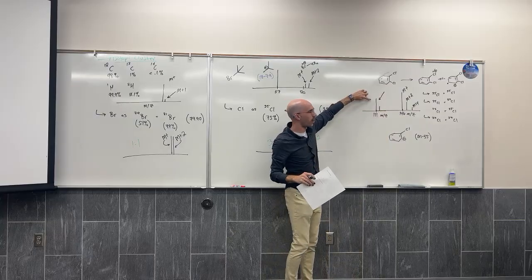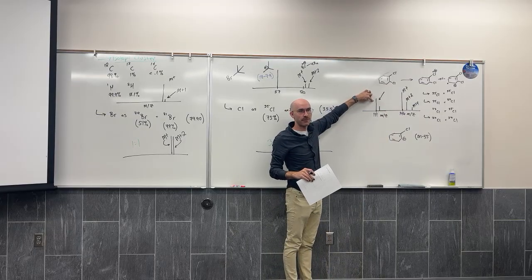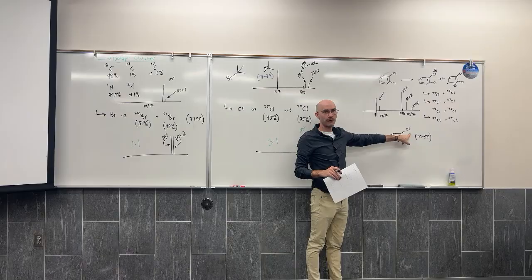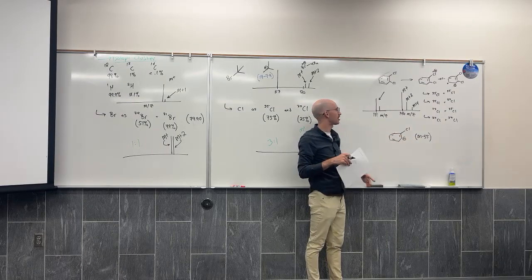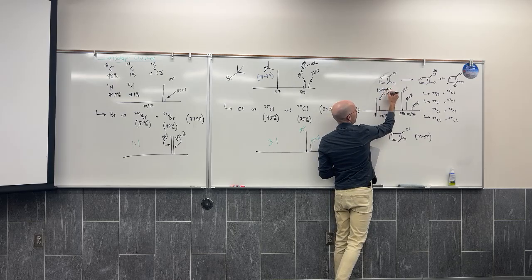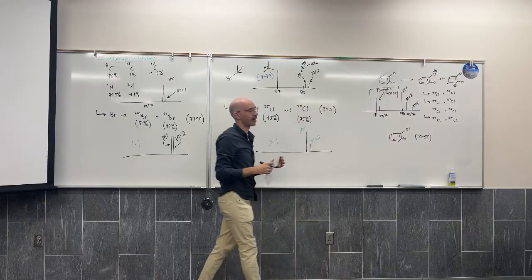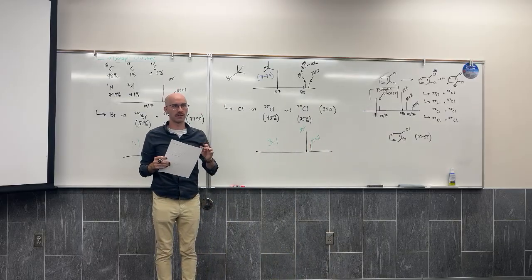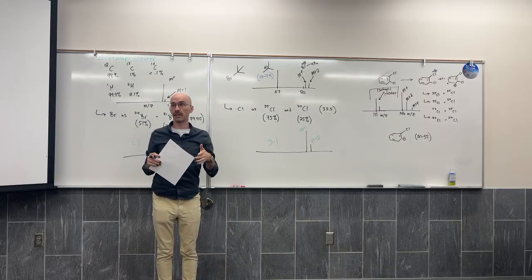This still comes from the 75% chance that the chlorine remaining is chlorine 35 and a 25% chance that the chlorine remaining is chlorine 37. We still get an isotopic cluster at 111 because there's still a chlorine present.